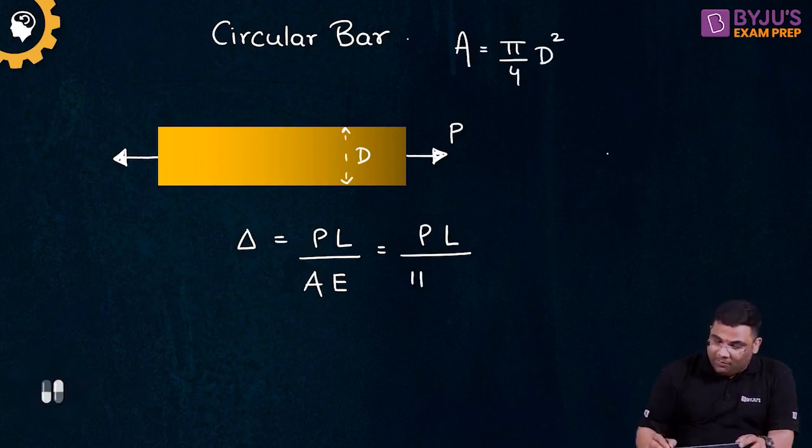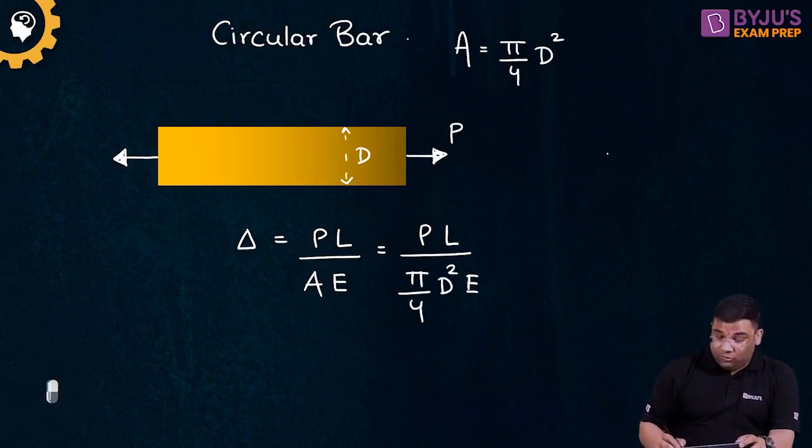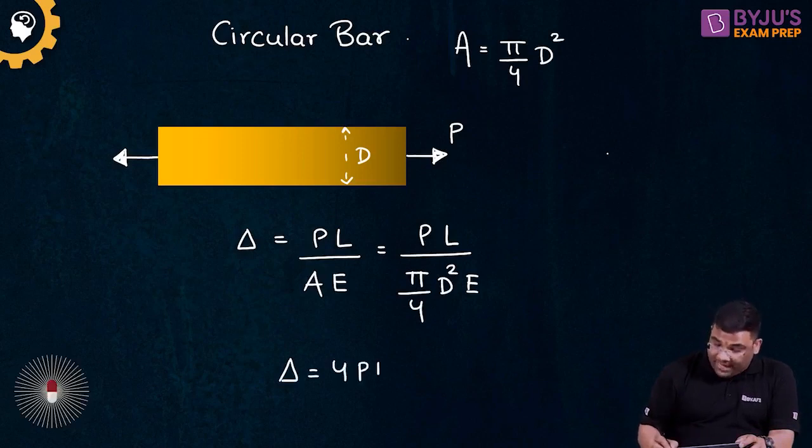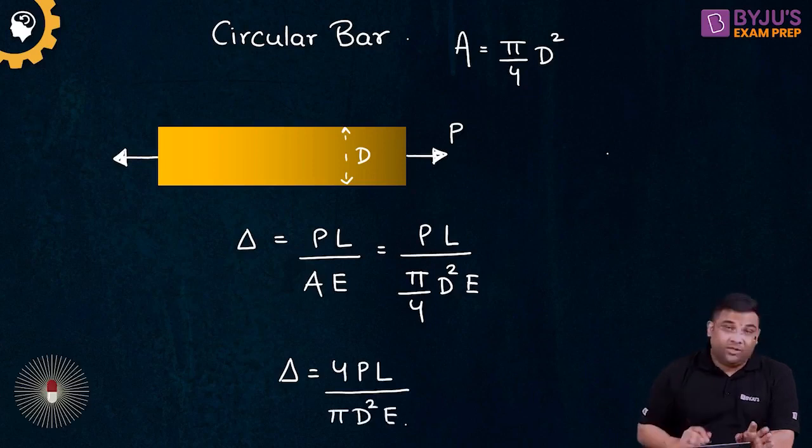So I write pi by 4 D square into E. The deformation will be 4PL by pi D square E. So this is the expression for finding the deformation of a circular bar under axial load.